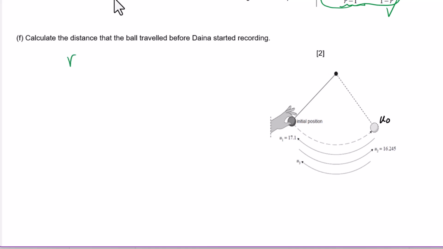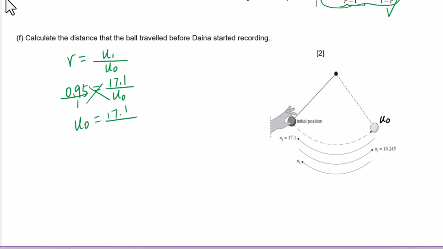Since r equals u sub 1 over u sub 0, substitution: 0.95 equals u sub 1, which is 17.1, over u sub 0. Over 1, cross multiply. u sub 0 equals 17.1 over 0.95 equals 18.